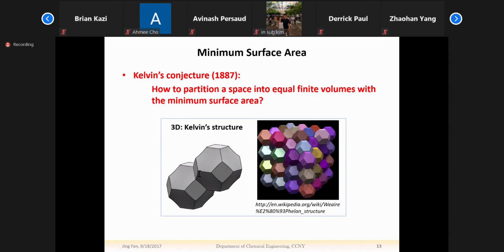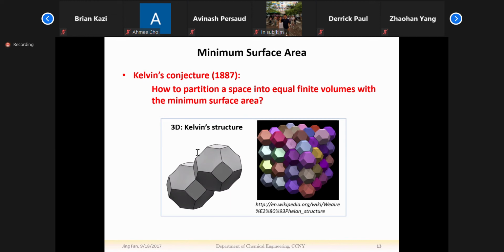This is to be consistent with Plateau's law, if you recall. I mentioned that every 3 surfaces meet at one edge at 120 degrees, and every 4 edges meet at a vertex at the angle of 109 degrees. So to comply with Plateau's law, some of the edges have to be curved a little bit.